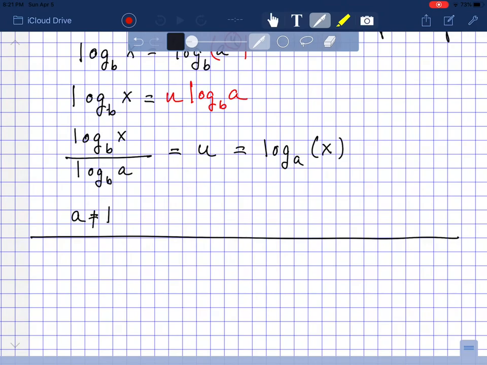All right. Let me see if we can find a problem that involves this. So it says here, change the log base 5 of 2 to the natural log function.